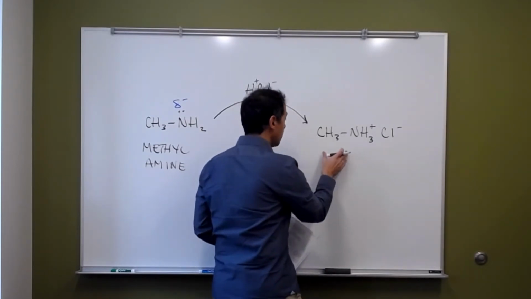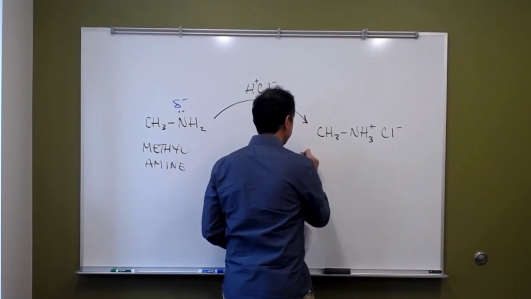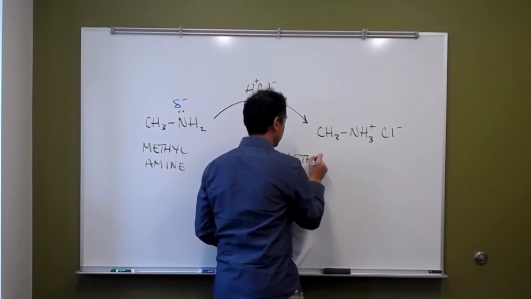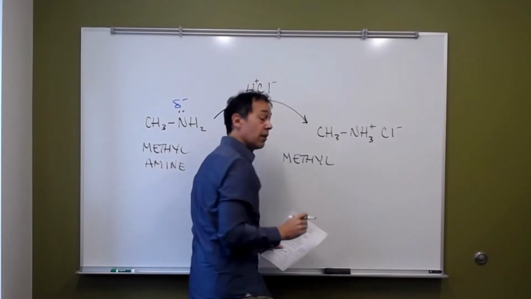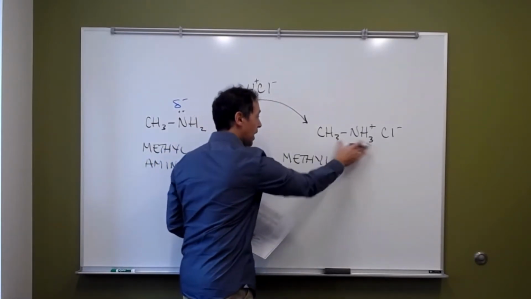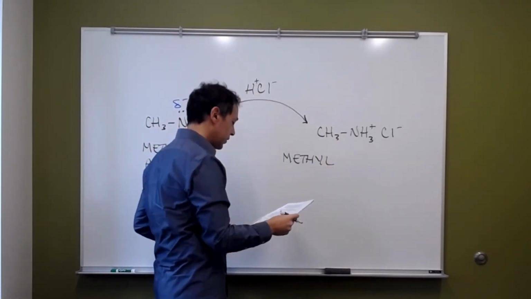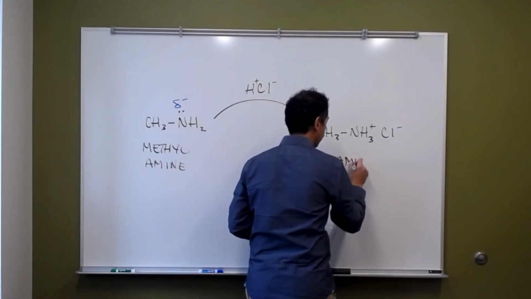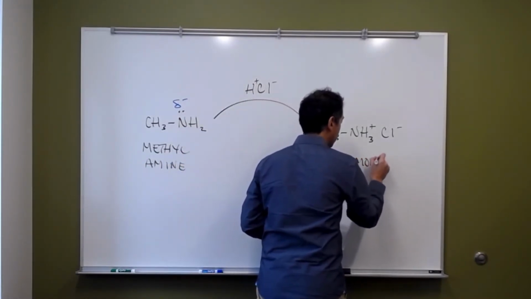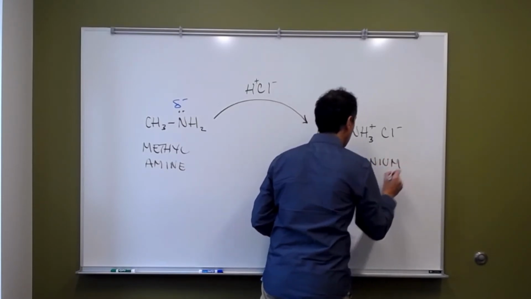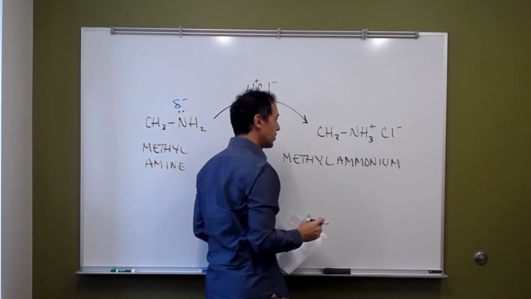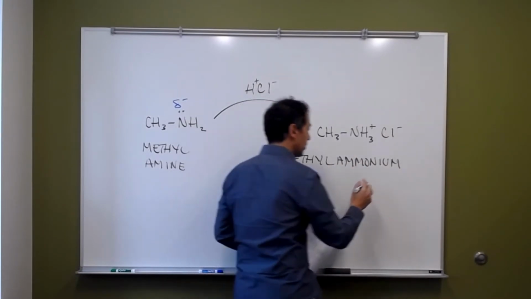So this becomes methyl, because that's the positive side here of this molecule, methyl ammonium, and then the negative side, or the anion side here, is added next, and so that would be chloride.